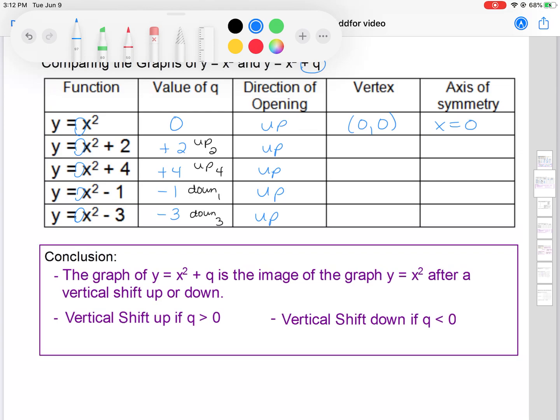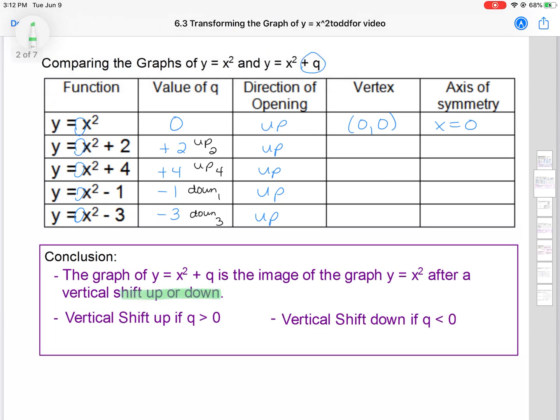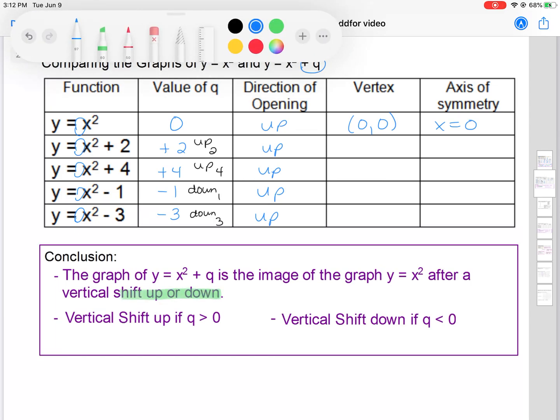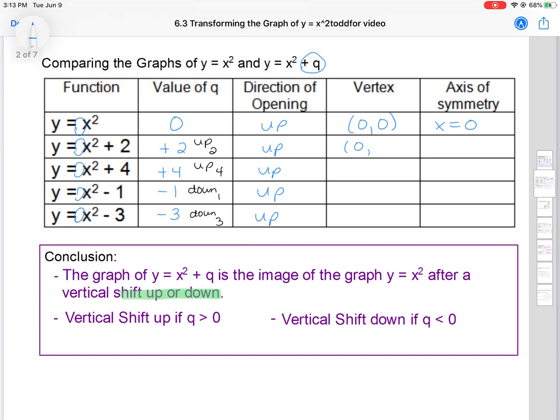Okay, so these graphs have been, so we call this a vertical shift up or down. So now the y value of the vertex is different. Okay, so it's up 2, which means that it's going to be 0, 2.